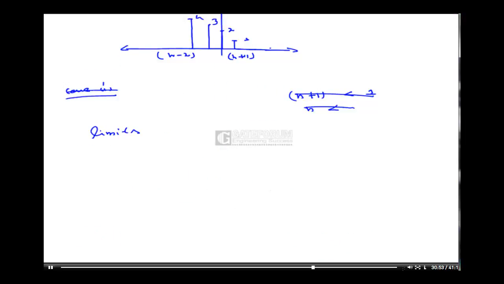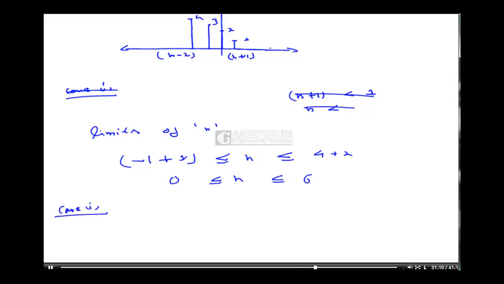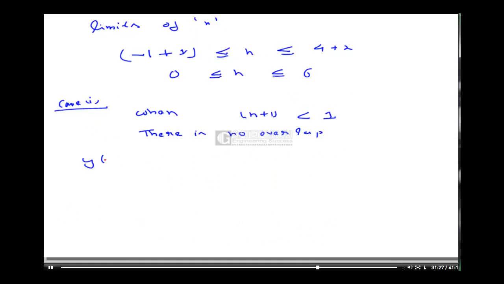Limits of n will be minus 1 plus 1 lesser than or equal to n less than equal to 4 plus 2. So that will be 0 less than or equal to n less than or equal to 6. Okay. So now taking the case 1, when n plus 1 is lesser than 1, there is no overlap. Thus yn is equal to 0 for n less than 0.